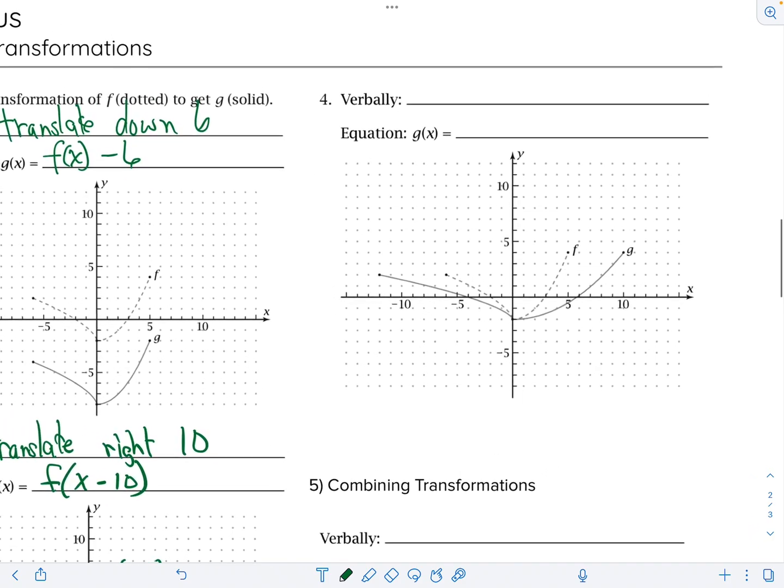Can you see what's happening here in number 4? The y coordinates are exactly the same. They are level with the original. So that tells you there's nothing happening vertically here, but it's a horizontal stretch. We just have to find out the stretch factor.